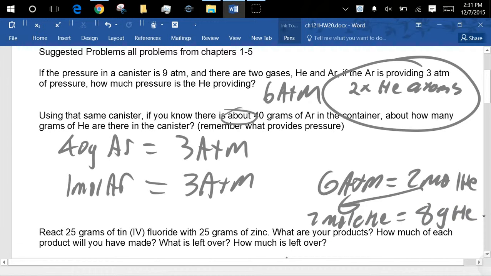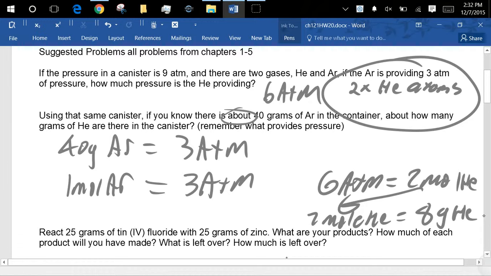So doing the pressure volume thing would be wrong because that's a change in pressure, and there's no changes here. Yeah. This is all just like a thought exercise. If I have this much of this and it's doing this, and I have this much of that, what must it be doing, kind of stuff. So the answer to the first one is 6 and the answer to the second one is 8 grams.